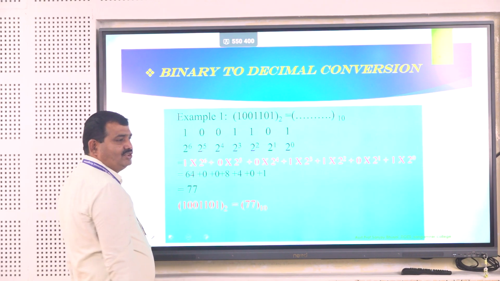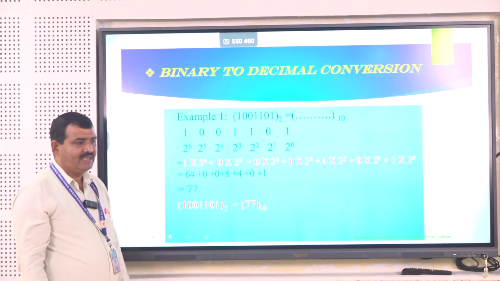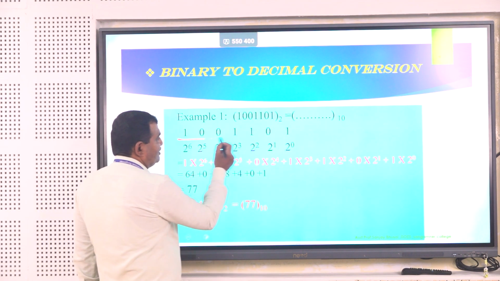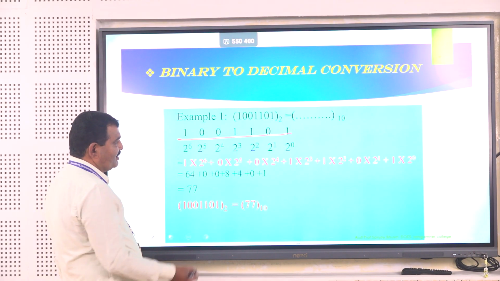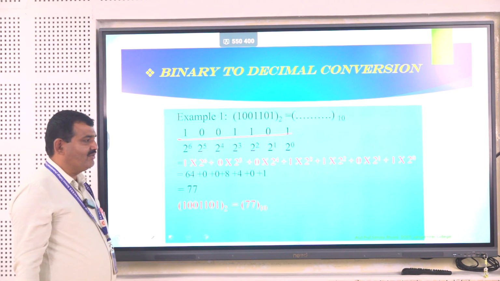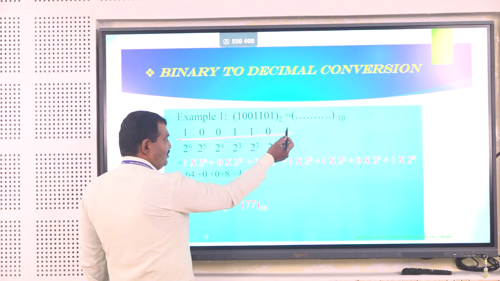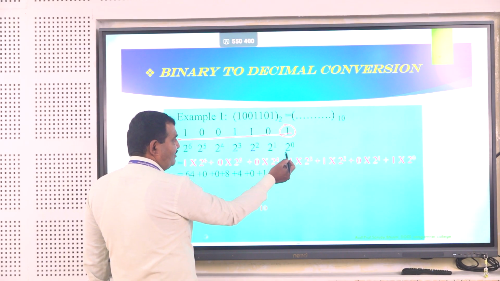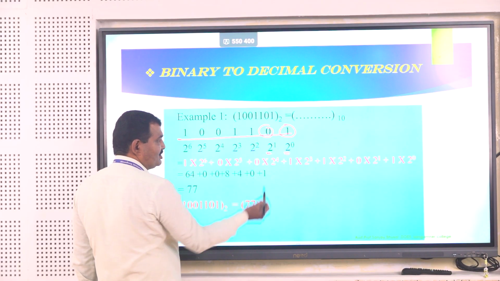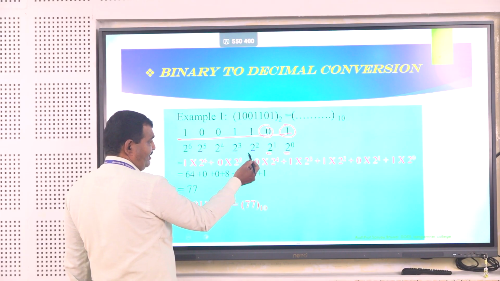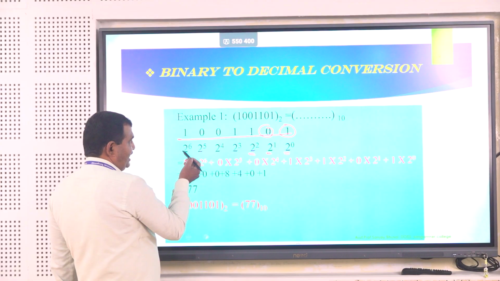Example is 1001101. This number is converted into equivalent decimal number. First we have to write weight of sum equation for this number. This 1 is having positional value 2 raised to 0, the 0 is having positional value 2 raised to 1, 1 is having value 2 raised to 2 and so on.